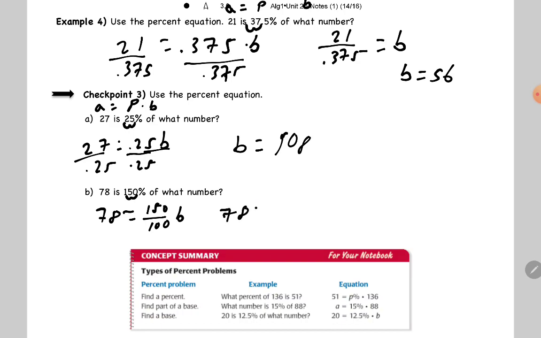So 78 equals 1.5 B. Divide both sides by 1.5. And B is 52. So in this case, my whole number is 52, but we had 150%. That means it's going to be bigger than 52, which is why we had 78.